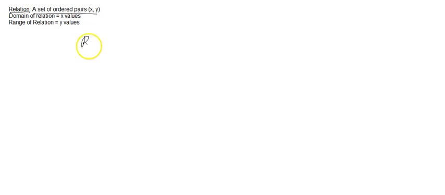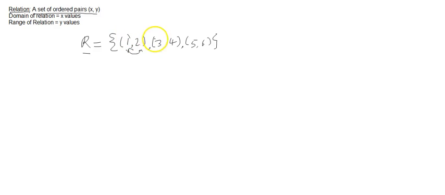Say a relation is given to me, say R is equal to (1, 2), (3, 4), and (5, 6). This is just one example. Now, this relation is giving us a rule between the first value and the second value.